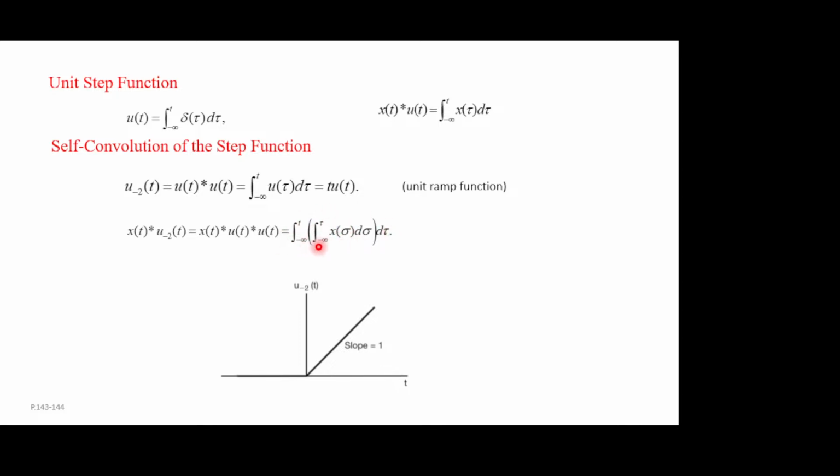That is the same as convolving x with u, then convolving with u once again. We call this u convolved with u as u minus 2. Once again, this is not singular; you can just do the integration. So u of t is a unit step, and u minus 2 is a linear function, t times u of t.